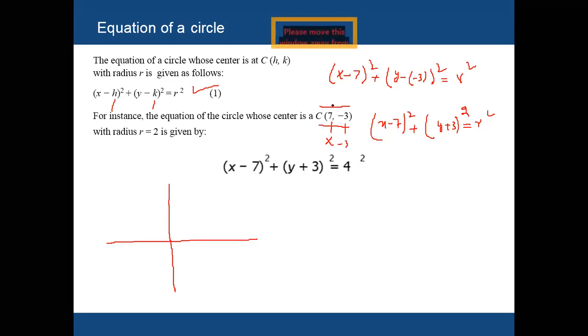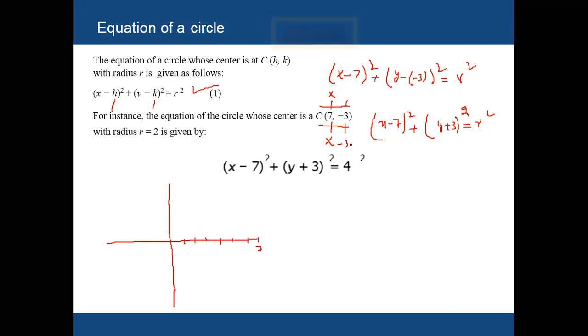Now we know the center is 7 and minus 3. So x is positive, y is negative, which is the fourth quadrant, where x is 7. So 1, 2, 3, 4, 5, 6, and this one is 7.